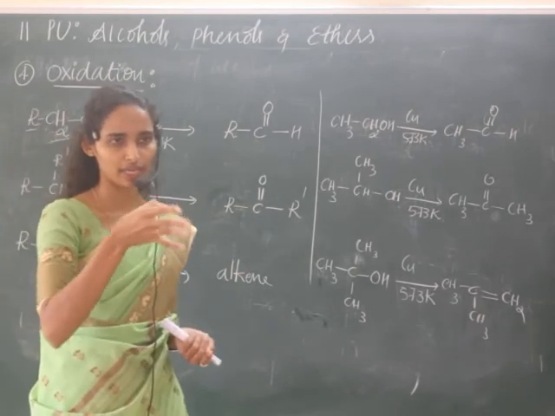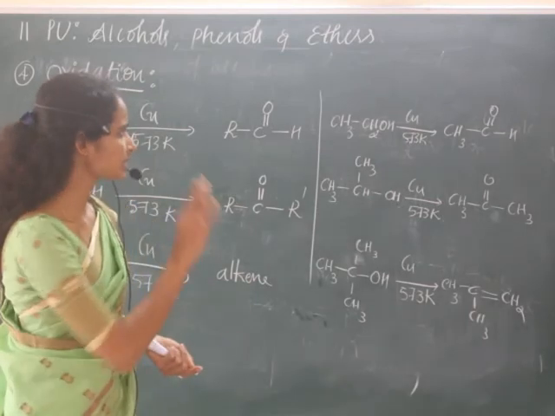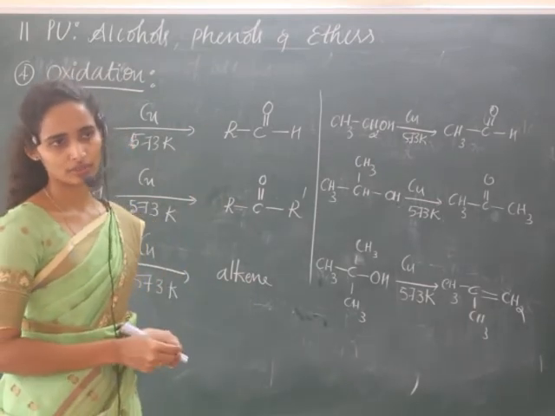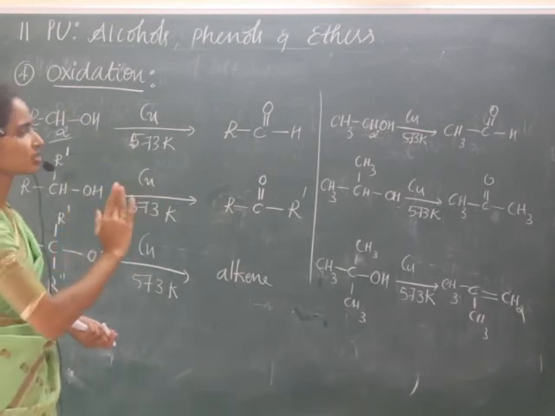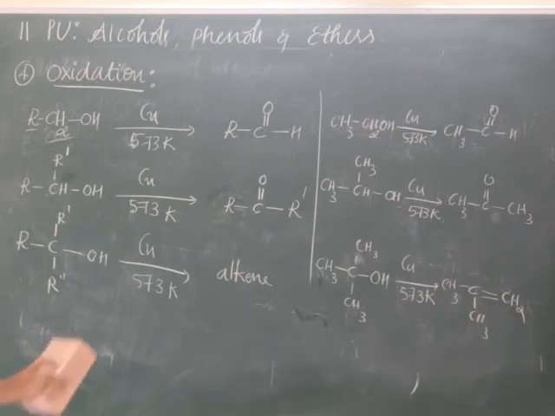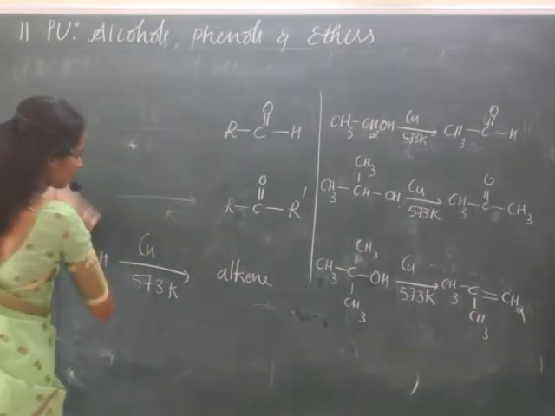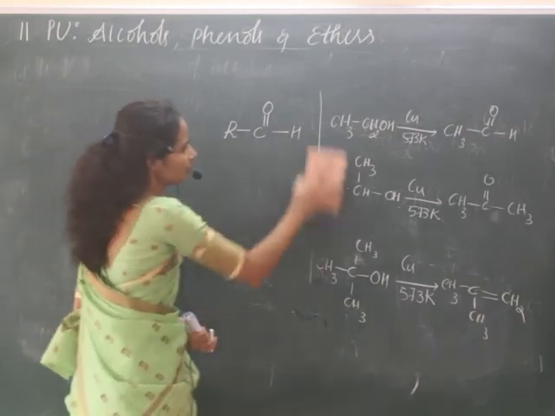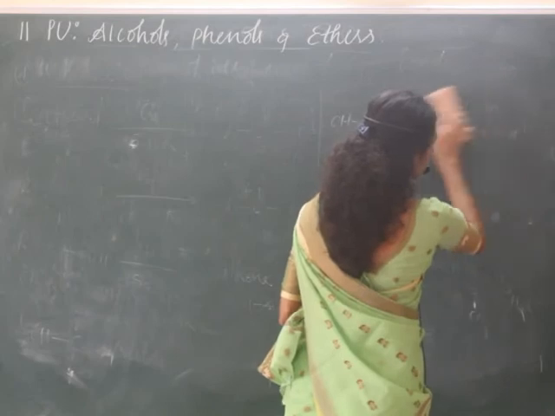Some chain breaks and a different carboxylic acid forms. Concentrate properly. Oxidation and reduction are just opposite to each other, so once you learn reduction reactions, you can easily write oxidation reactions. Just remember reagents, conditions and all.